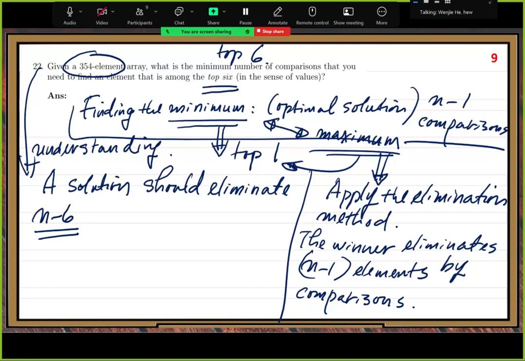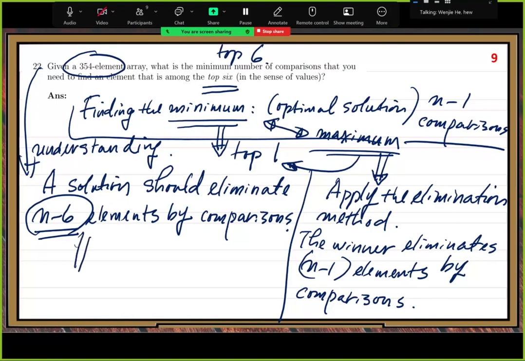A solution should eliminate n minus 6 elements by comparisons. Because if you can do that, then that element must be among the top 6.